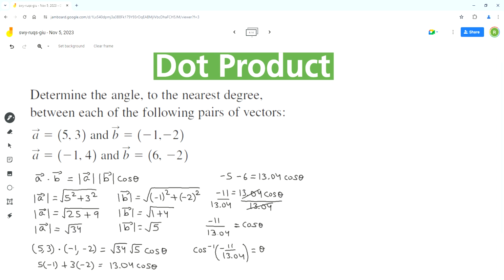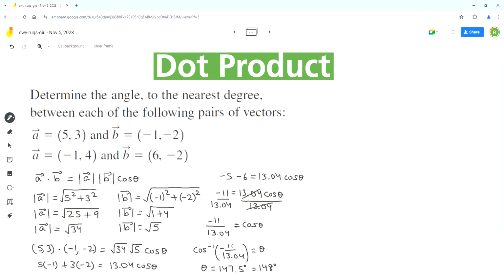So I got 147.5 degrees. Since we have to round the answer to the nearest degree, the final answer should be 148 degrees. So this should be the final answer for the first pair of vectors A and B.